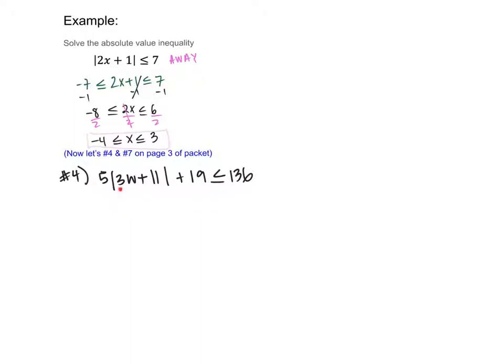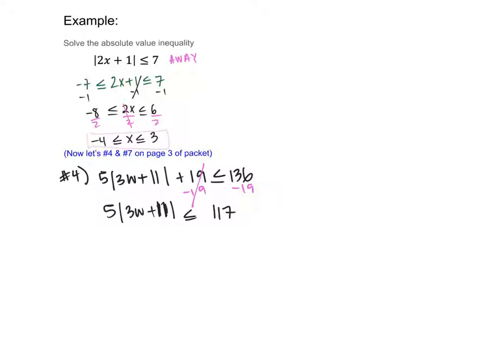So looking at this problem here, we're going to try to first get this absolute value by itself. So I need to move over the 9 first because it's further away from the absolute value. So I'm going to subtract 9. And so I have 5 times the absolute value of 3w plus 11 is less than 136 minus 19, which is 107, I believe.